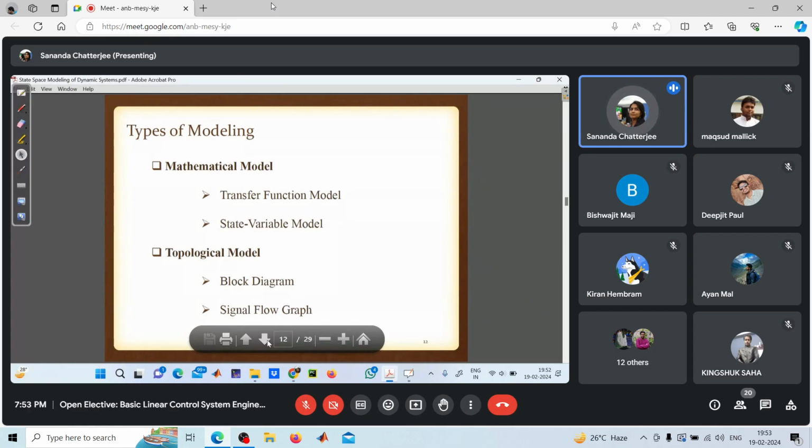So from now onwards we are dealing with the white box model of a system, for which the components are known, the values of the components are known, and the interconnection among the components is known.